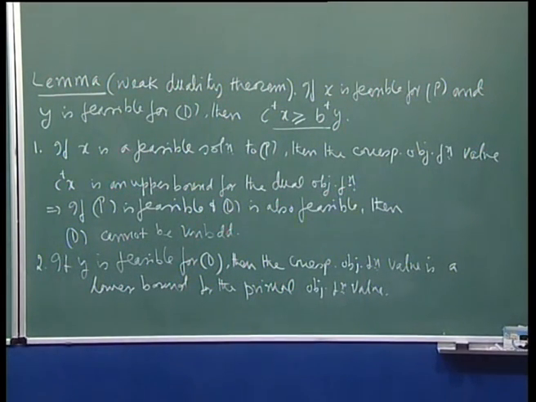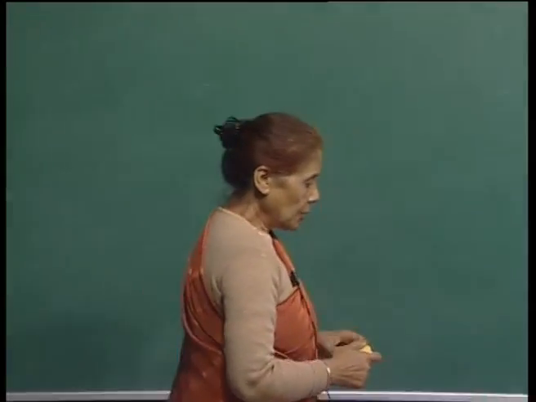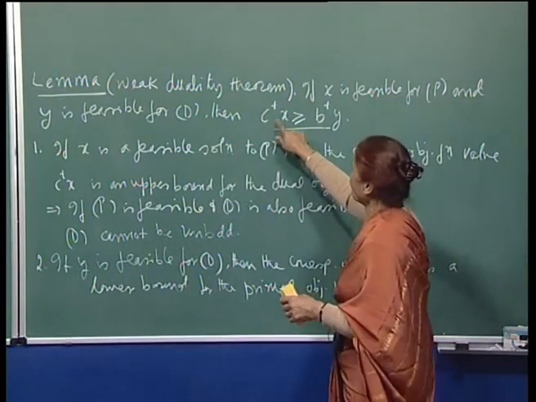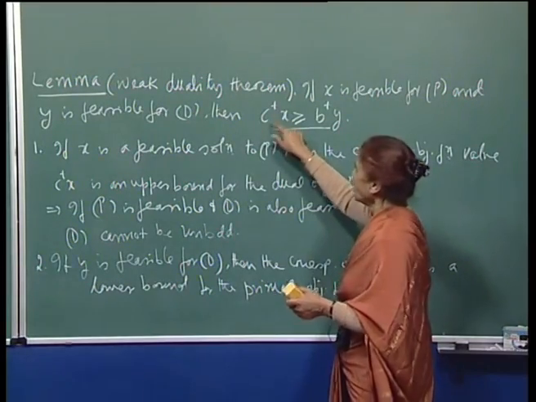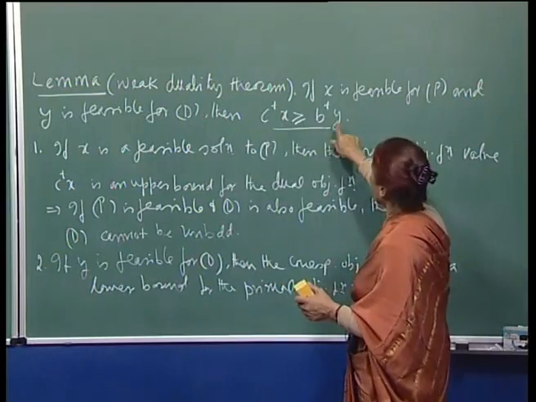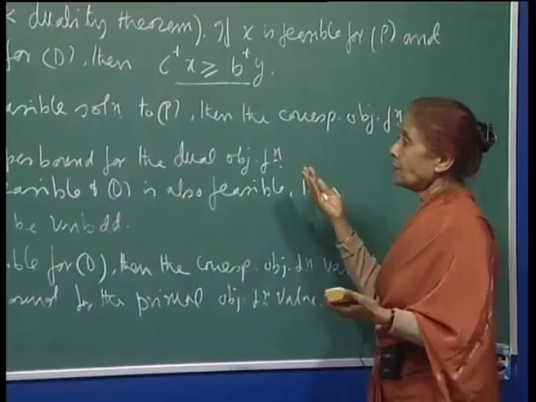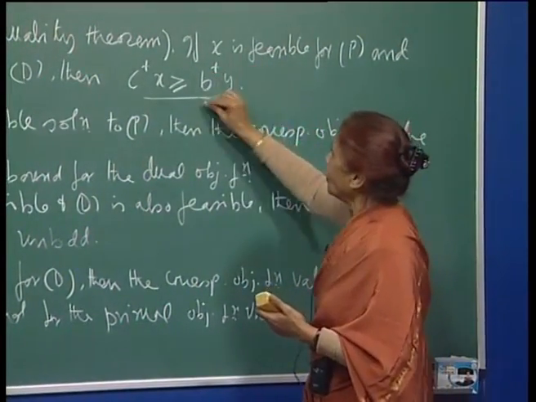Now, thirdly, what can be the other conclusion? Fine, we will make some more conclusions from here. The third conclusion is, if I know for sure that the primal problem is unbounded, which means that I can make the objective function value as small as I want, so it can go to minus infinity. What does that mean? This inequality, that means if the dual was feasible, then this value would be finite.